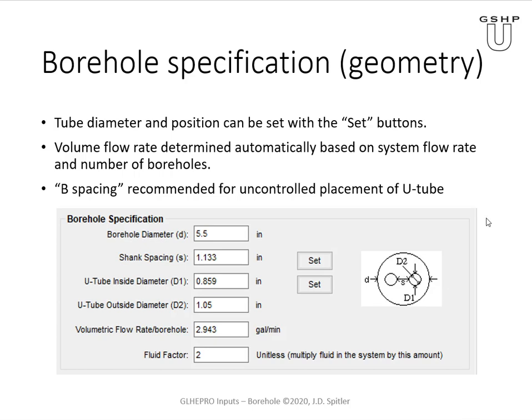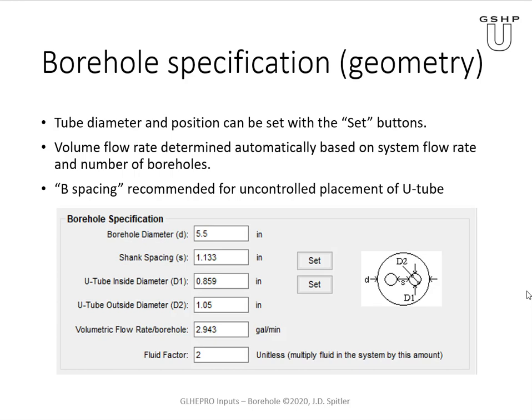We recommend the B spacing for uncontrolled placement of the U-tube, so if you're just dropping it down whole. Of course it doesn't actually look like this everywhere. And if you have no spacers, well, even if you have spacers, boreholes aren't necessarily straight, so sometimes the pipe may be up against the wall, sometimes it may be in the middle.